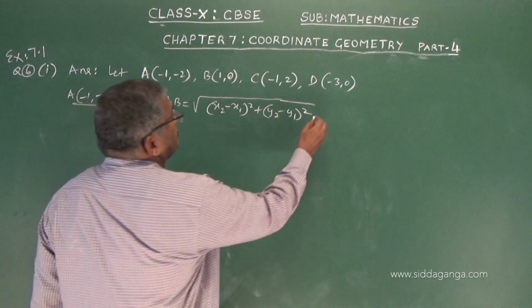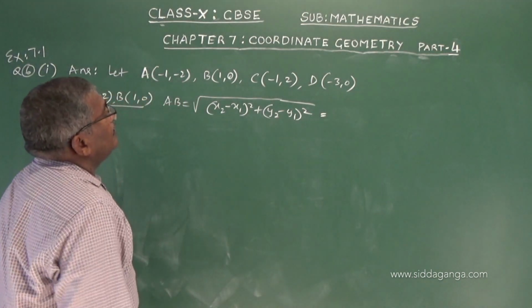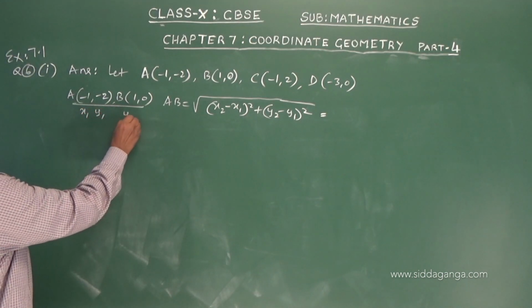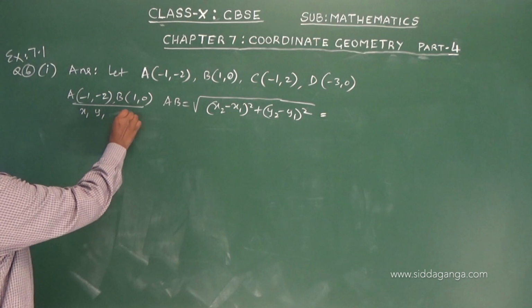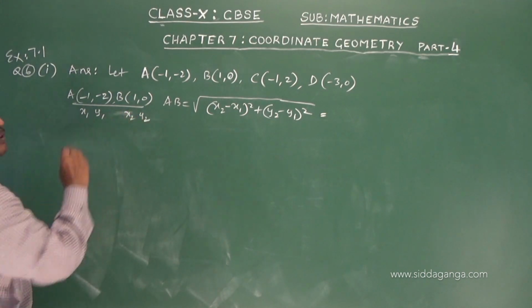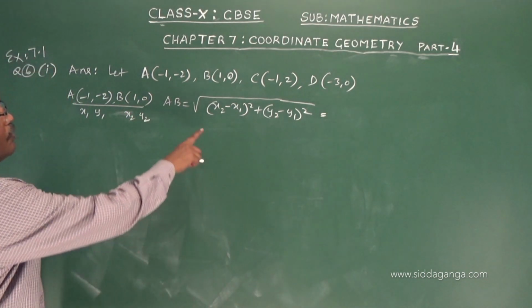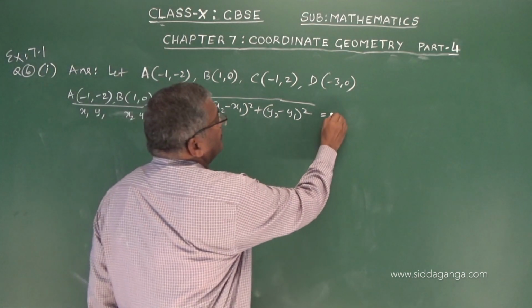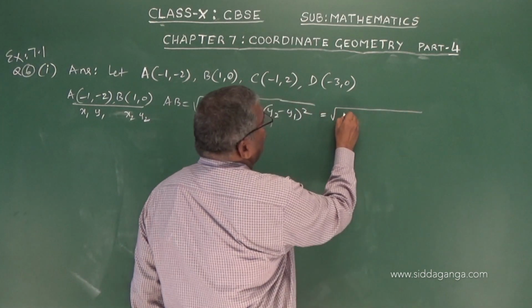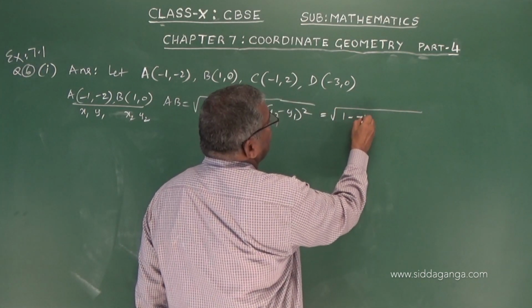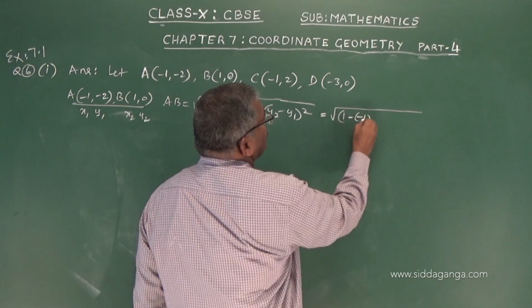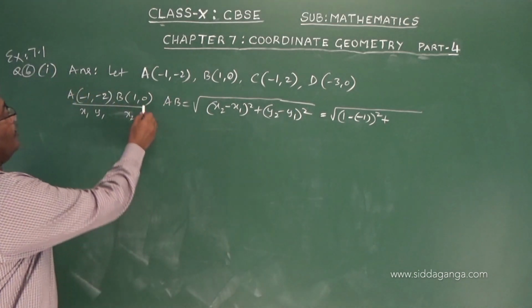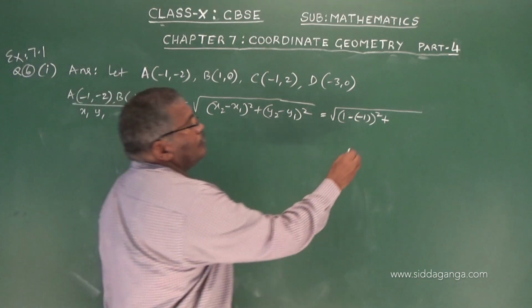So now this equals, here this is x1, y1, x2, y2. So x2 minus x1, 1 minus of -1, this is x2 minus x1 whole square, plus 0 minus of -2.